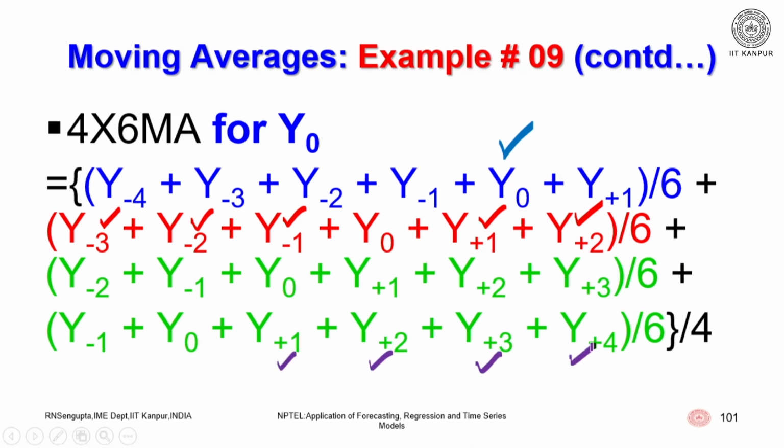So, if you remember, in all the 4 blocks there are 6 values each, and you are taking such 4 blocks. Hence, the denominator for the weightages would be 4 into 6, which is 24.